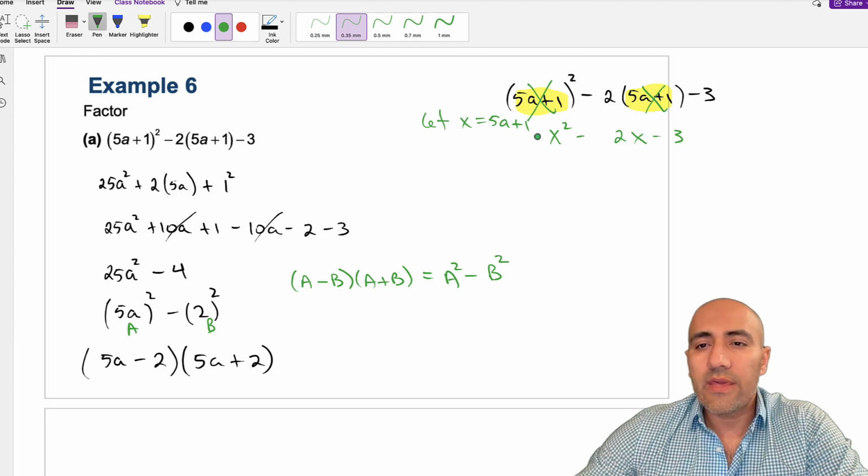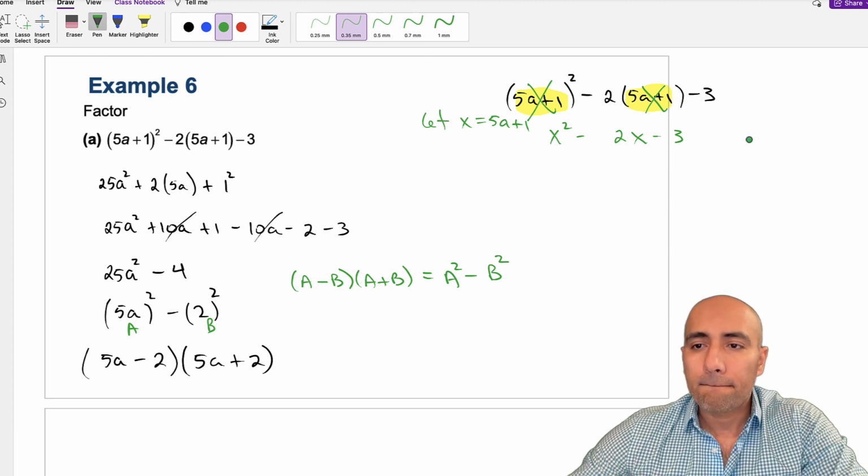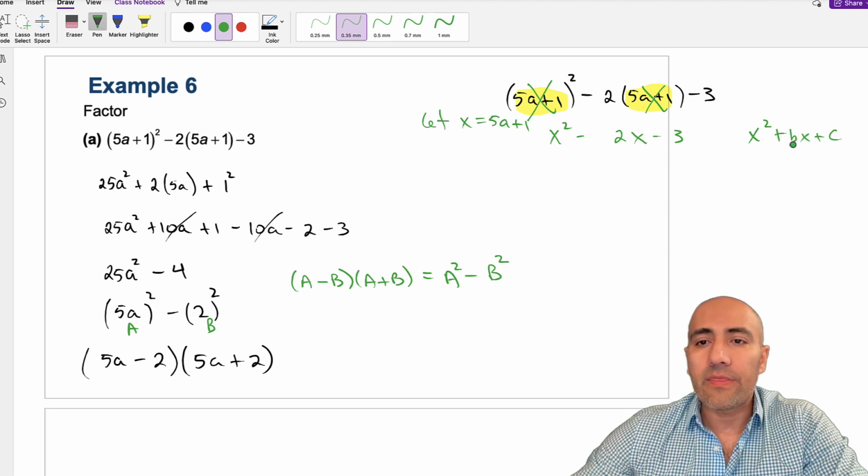And so now we can factor this using our fourth technique. It fits the pattern of x squared plus bx plus c, where the b is being played by a -2 and the c is being played by a -3.